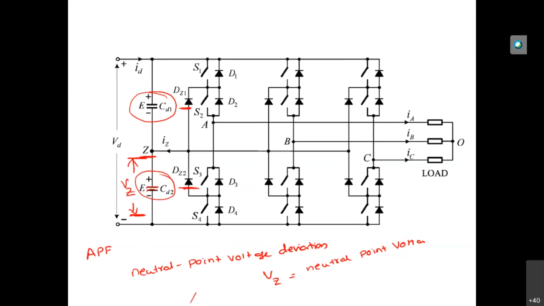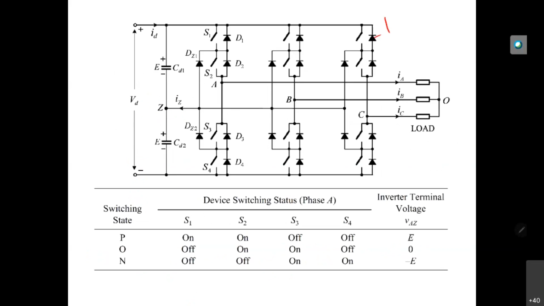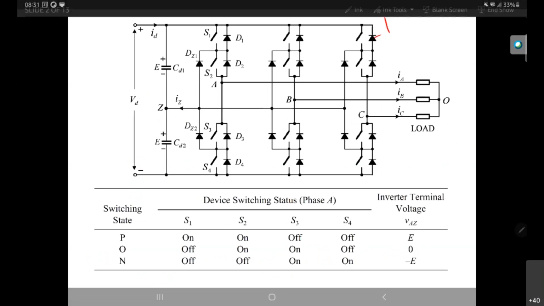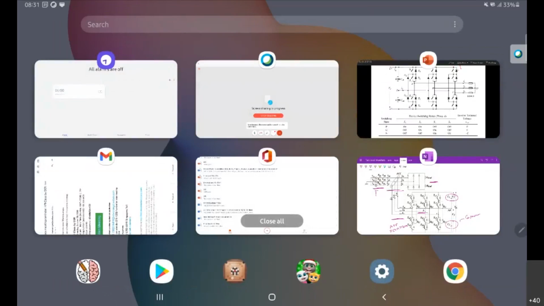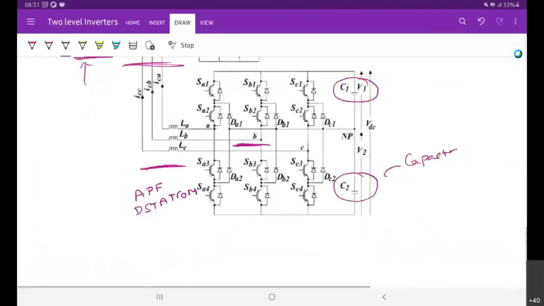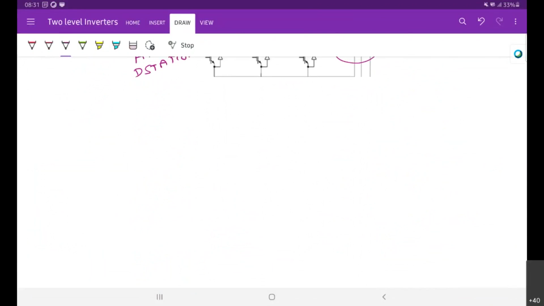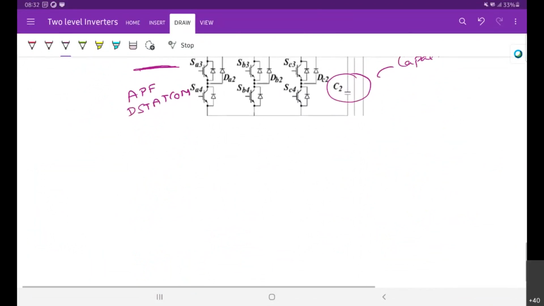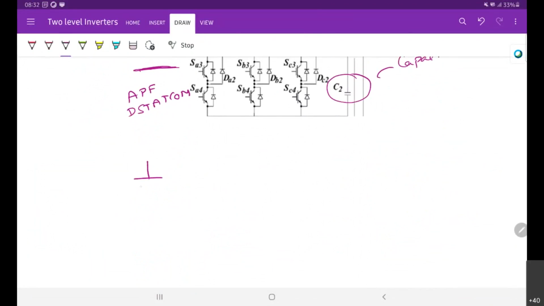If you assume these are capacitors, we have these two capacitors, and this is the neutral point Z.